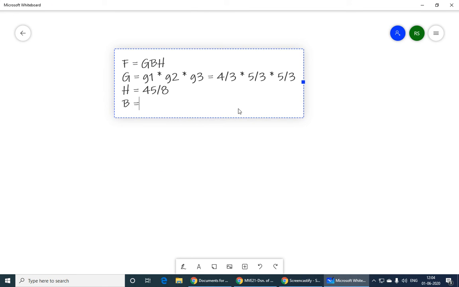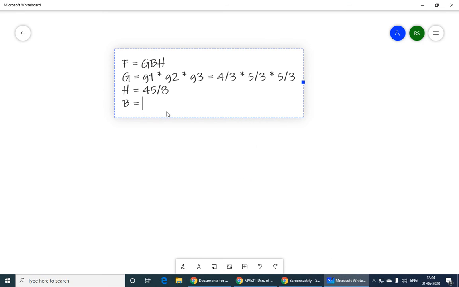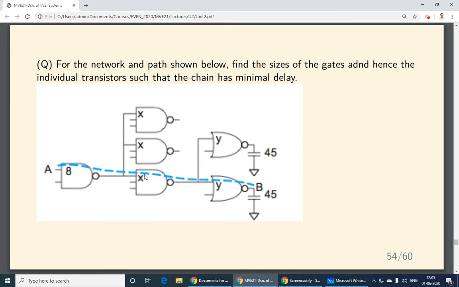Now B equal to, now in this circuit, as you are going from input to output, how many places do you have the branching? So this is one branch, B1 we have to calculate. This is another branch, we have to calculate B2, and there is no more branch. So capital B is B1 into B2. B1 equal to C on path plus C off path divided by C on path. This is my path. What is the total on path capacitance?